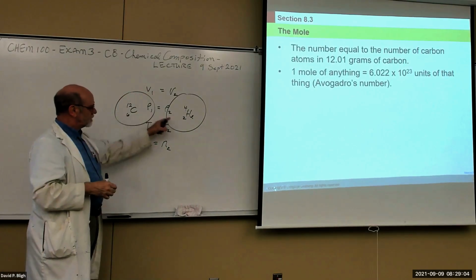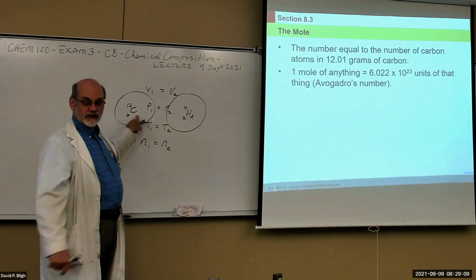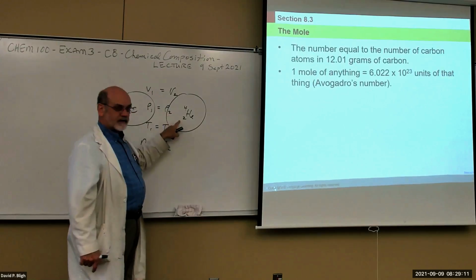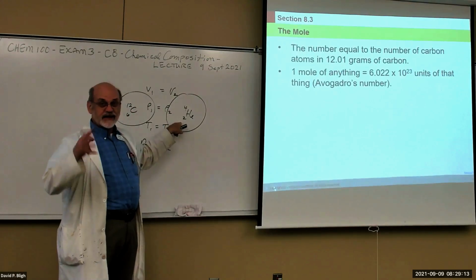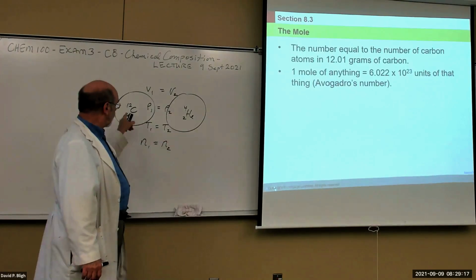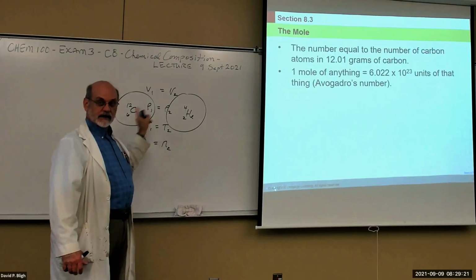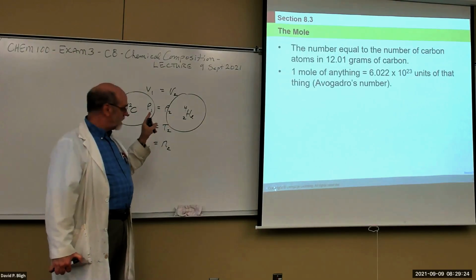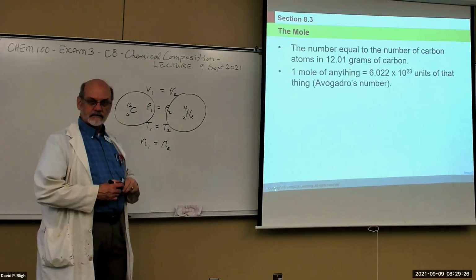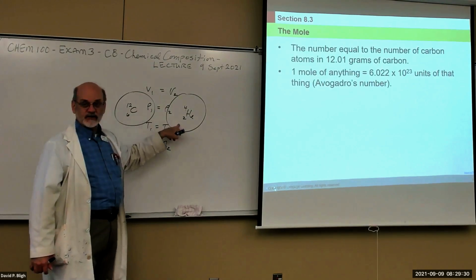We can relate the weights of this fixed value at 12 atomic mass units to this one and determine that this one is in the neighborhood of 4. How do we know that? Because we have equal numbers of atoms in each one, but they have different masses, right? This one has a mass that's 3 times this one.